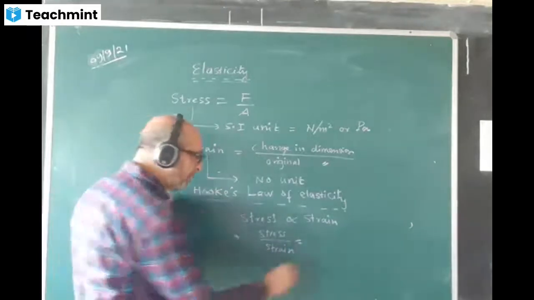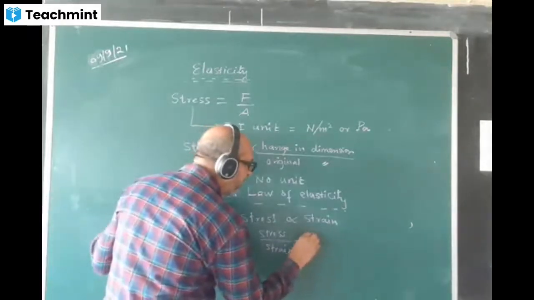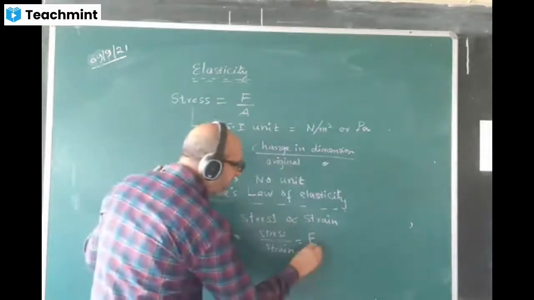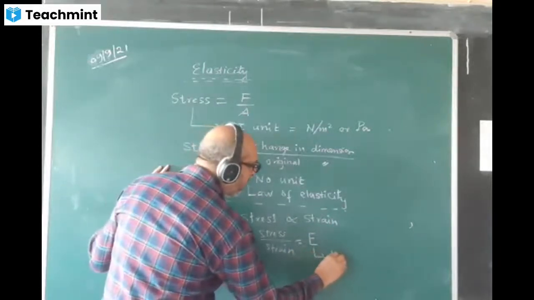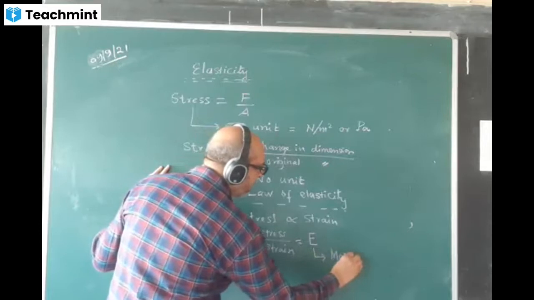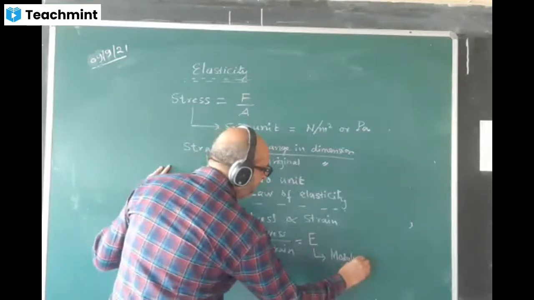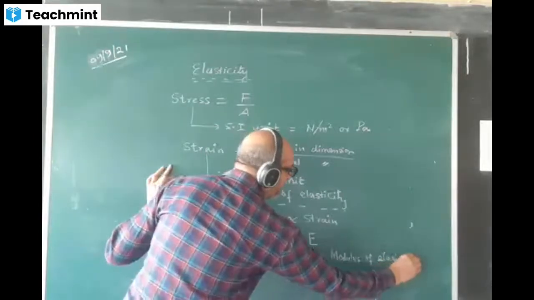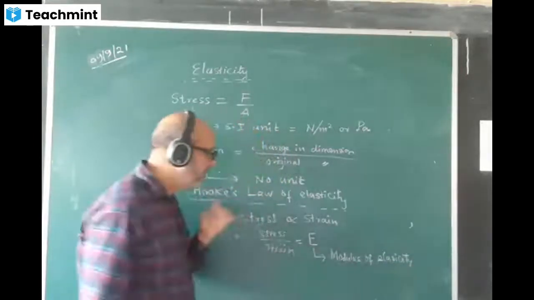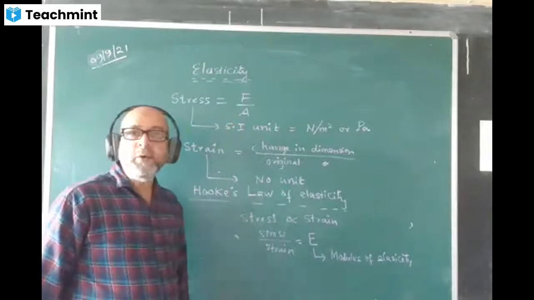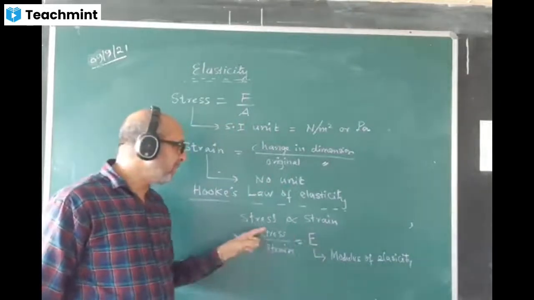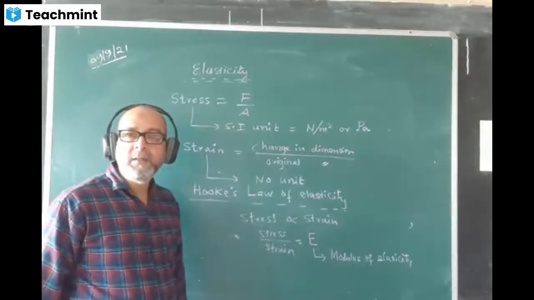Here the constant of proportionality we denote by capital E, and this E is known as the modulus of elasticity. That is, modulus of elasticity is the ratio of stress to the strain, as simple as that.